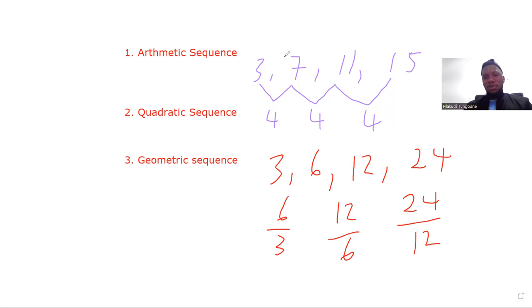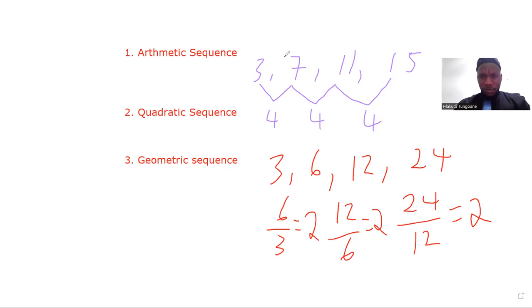You can see that this gives you 2, this gives you 2, this gives you 2, right? Because this sequence gives you a constant ratio, that tells you that in this particular case it's a geometric sequence.